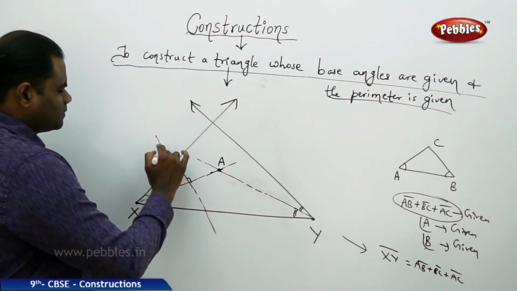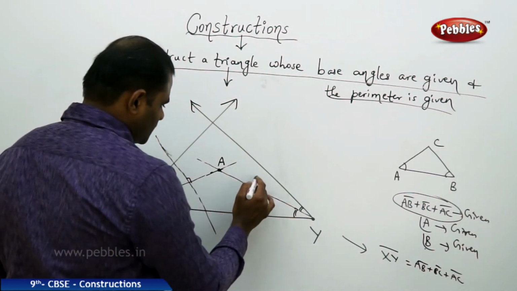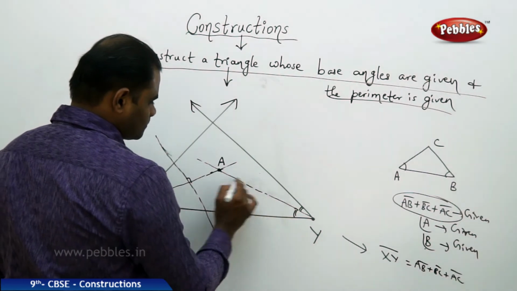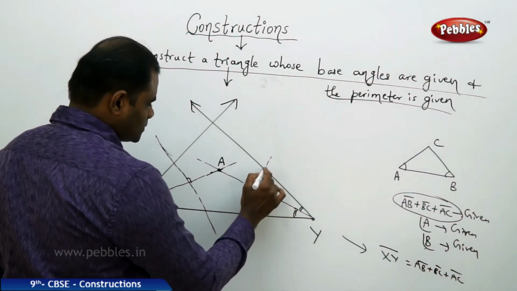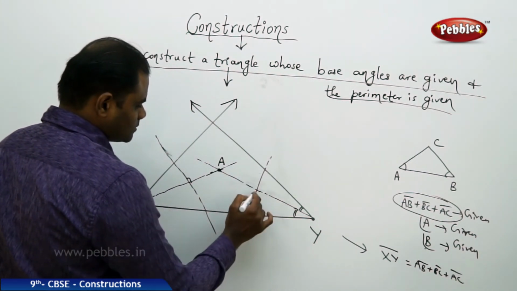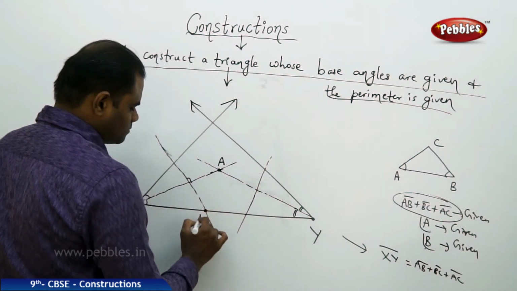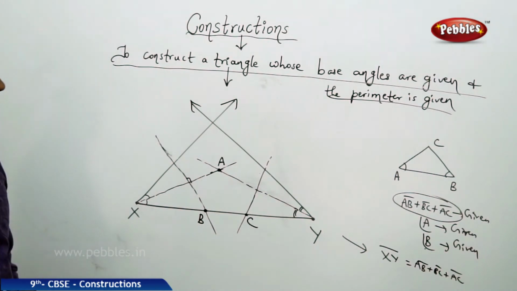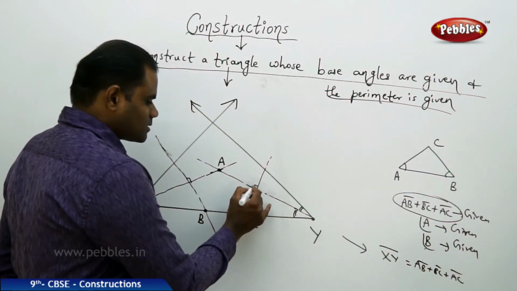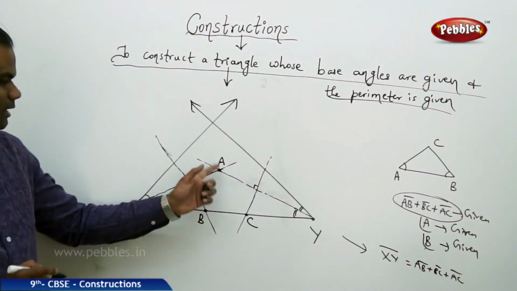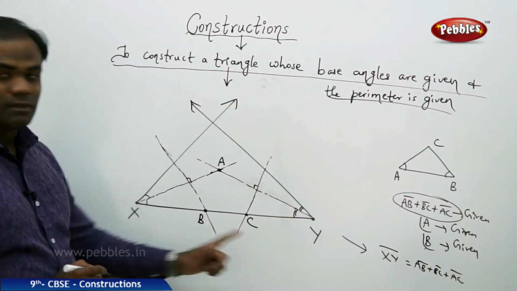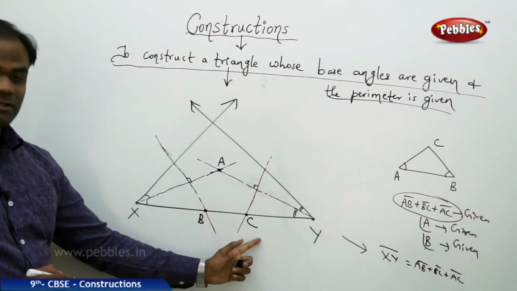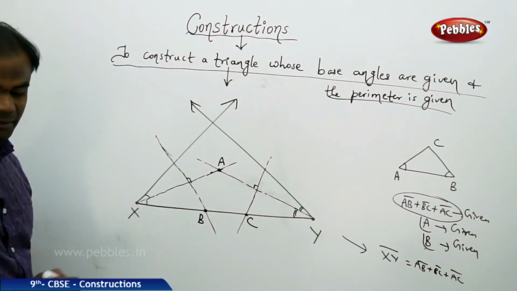And let me take the perpendicular bisector of AY, which cuts at B and C. So here the perpendicular bisectors of AX and AY meet the baseline XY at B and C, as can be seen clearly in the diagram.